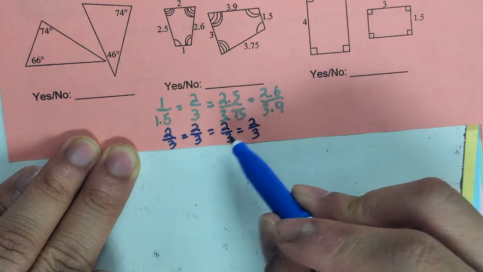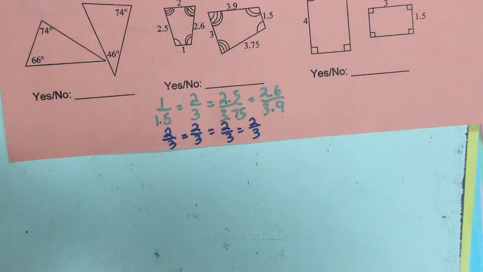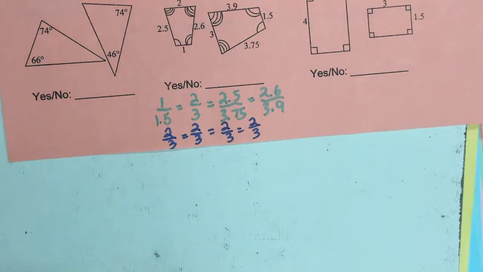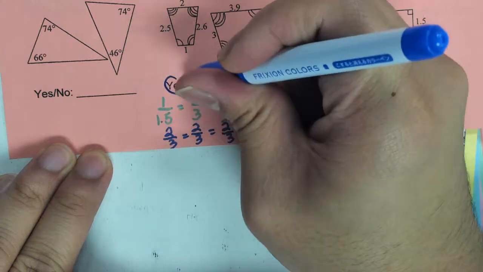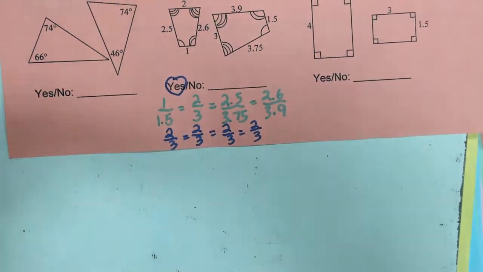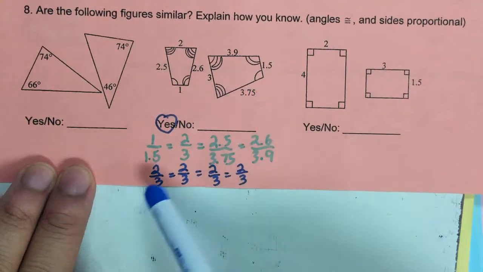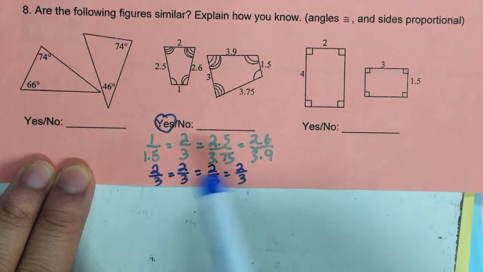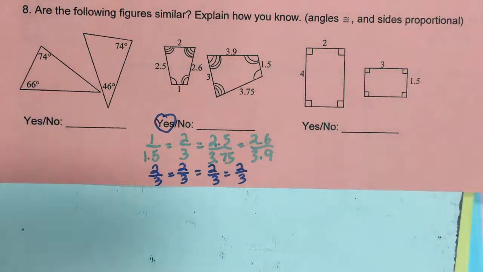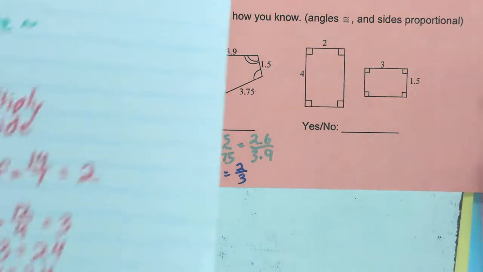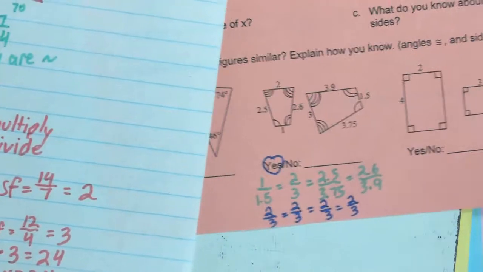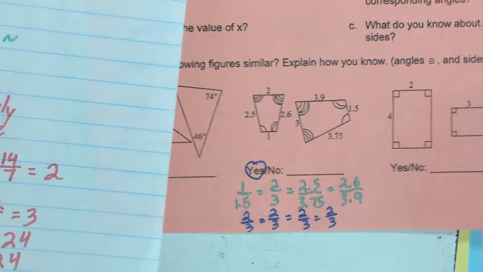Because all of them equal 2/3, as a simplified fraction, that means that yes, they are proportional. All my corresponding angles are congruent, and my corresponding sides are all proportional, meaning they all have the same fraction. So there you have similar polygons and scale factor.